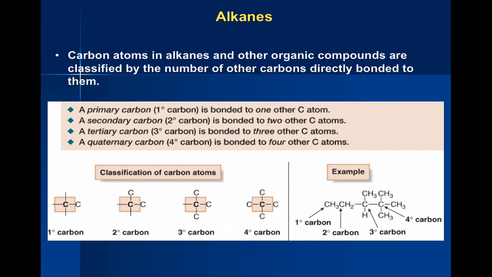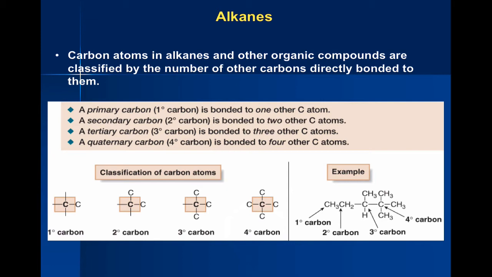A primary carbon is a carbon atom that is bound to one and only one other carbon atom. That's a primary carbon. That CH3 is bound to one carbon. That is a carbon-carbon bond. A secondary carbon is a carbon atom that is bound to two other carbons. This carbon is bound to this carbon, and it is bound to that carbon.